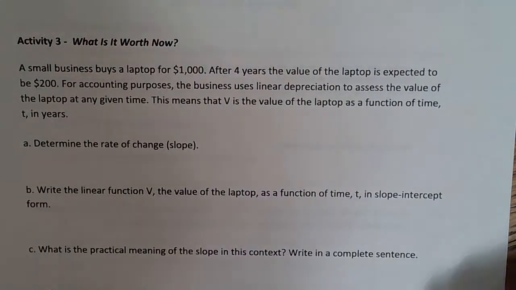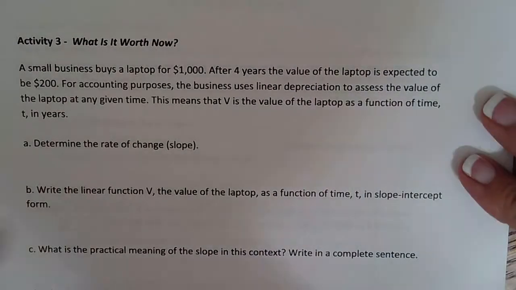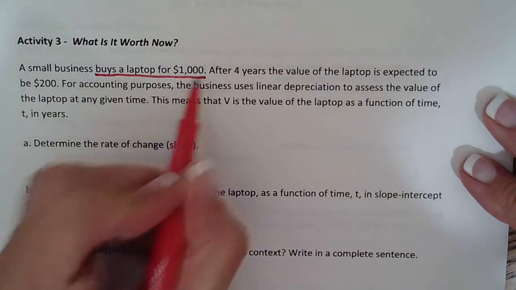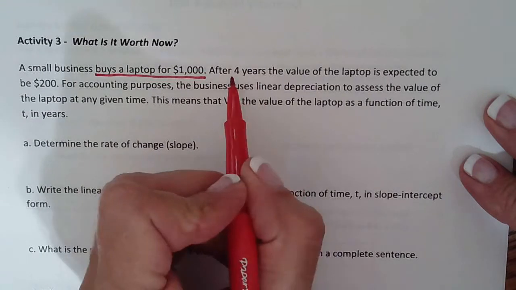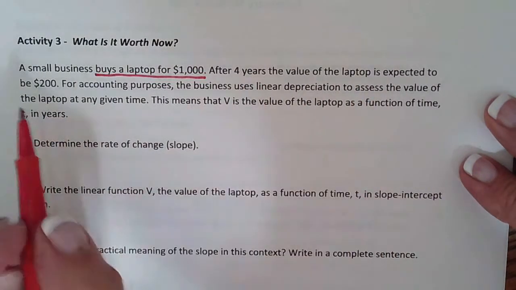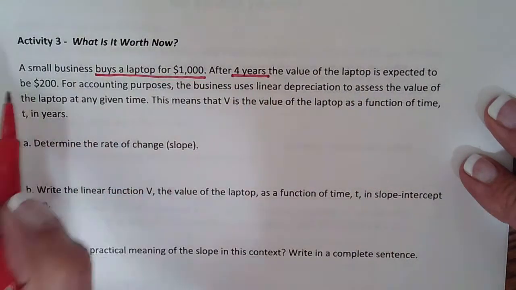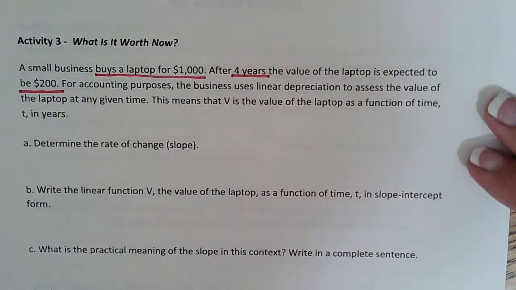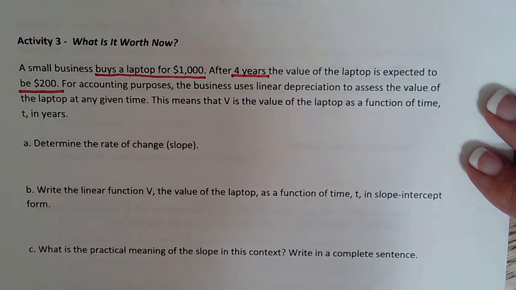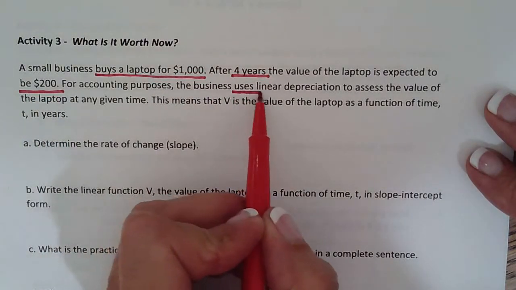What is it worth now? Page 7. A small business buys a laptop for $1,000. After 4 years, so let's underline that. After 4 years, the value of the laptop is expected to be $200. So 4 years, $200. For accounting purposes, the business uses linear depreciation.